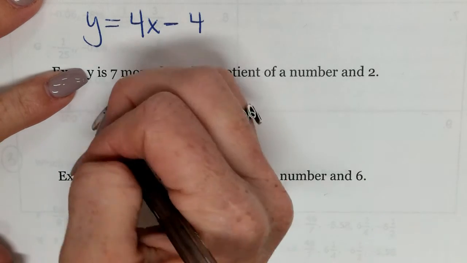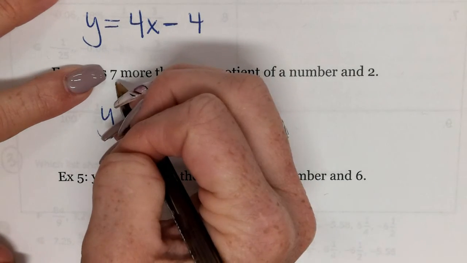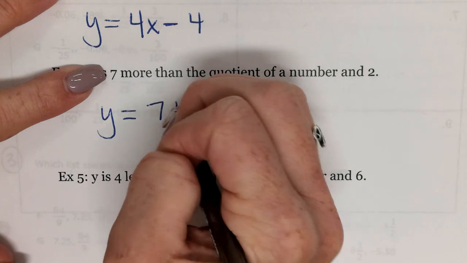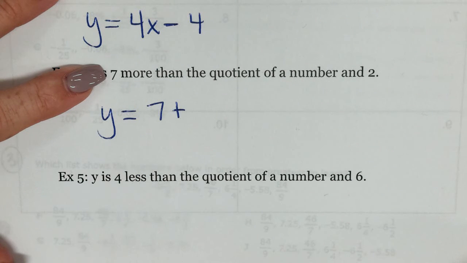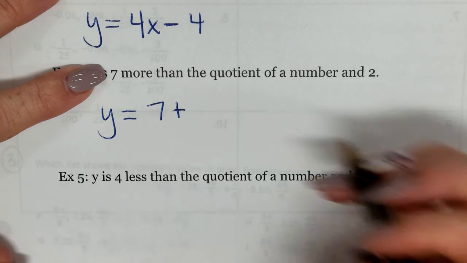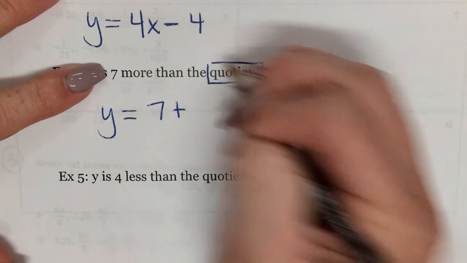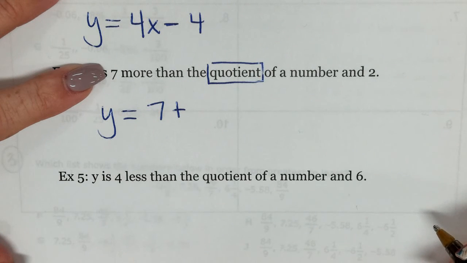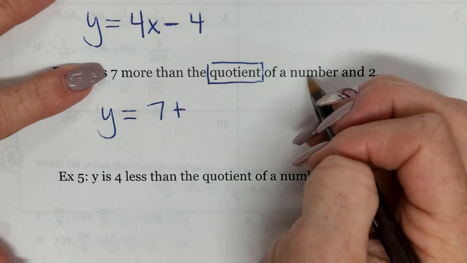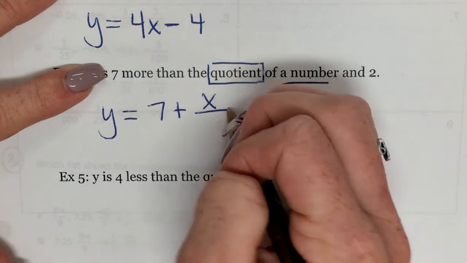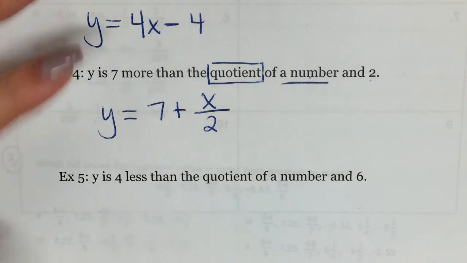What'd y'all get? Y equals? 7 plus 2x. 7 plus, ooh, was it 2x? What was this word right here? What does quotient mean? To divide. So x goes on top, 2 goes on the bottom. Why did x go on top?